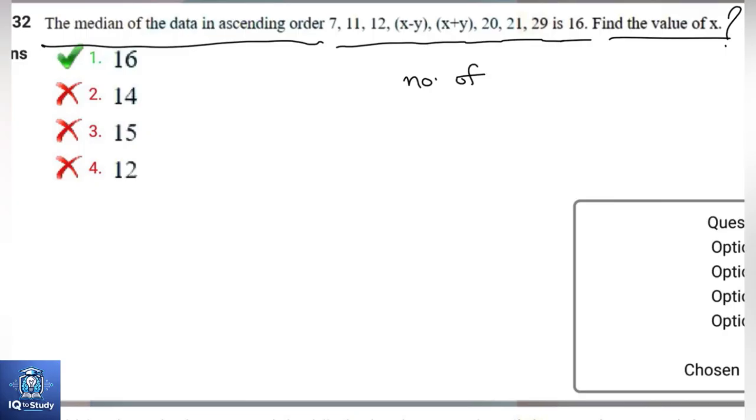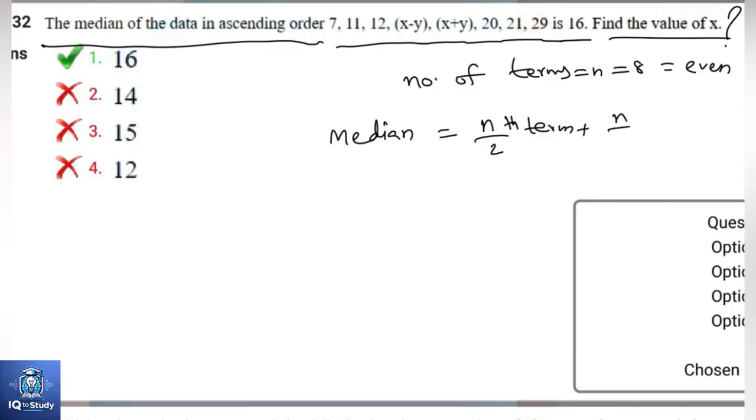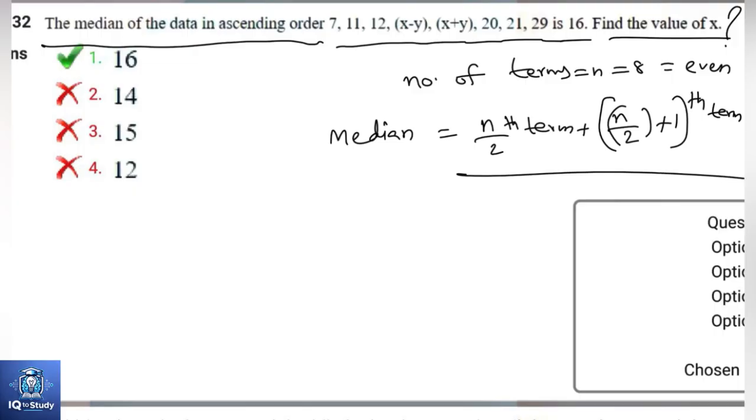Number of terms is 8, which is even. If it is even, median is equal to the n by 2nd term plus n by 2 plus 1st term, divided by 2.